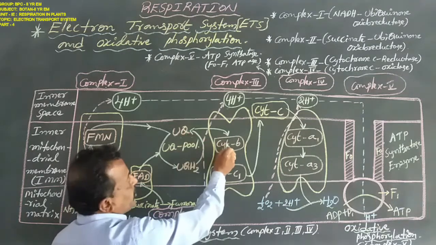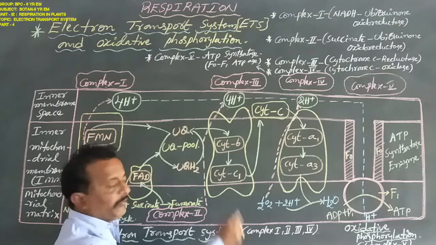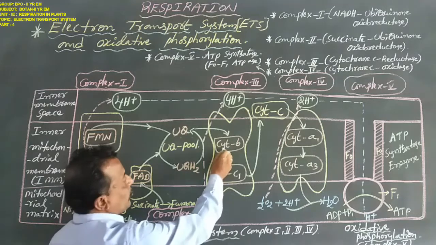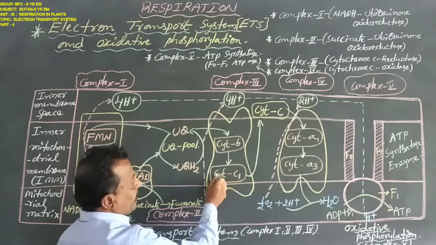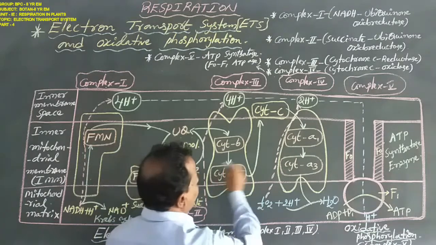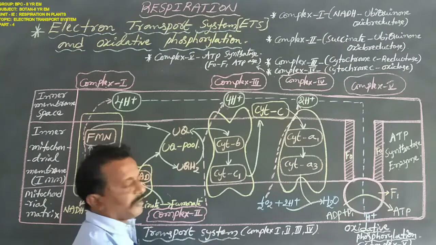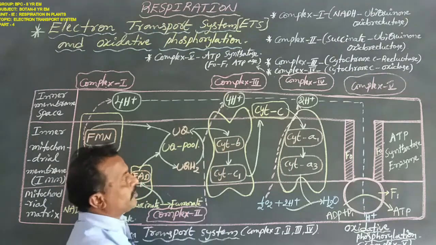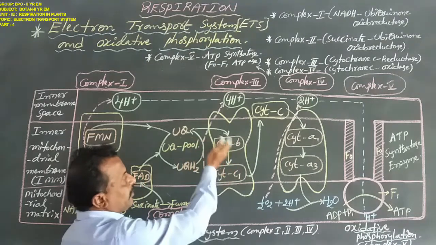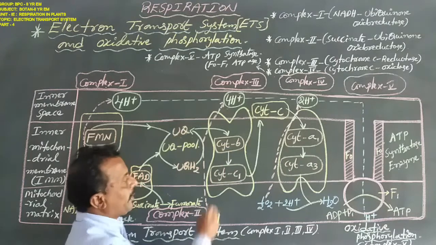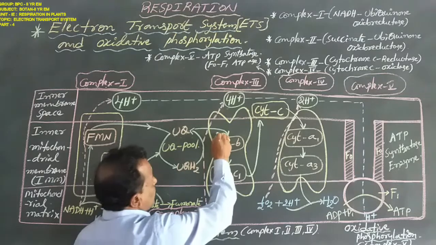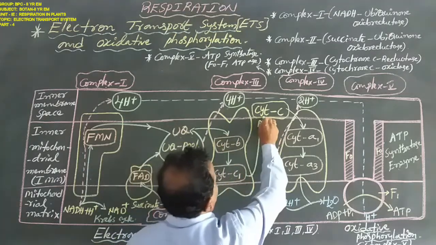The electrons are first received by cytochrome B, which is reduced, then oxidized again, and the electrons are passed on to cytochrome C1. So cytochrome C1 is also reduced in this step. Thus the electrons finally reach cytochrome C.